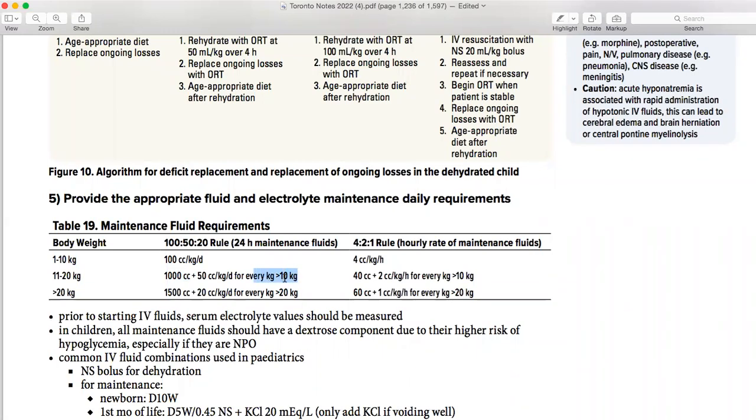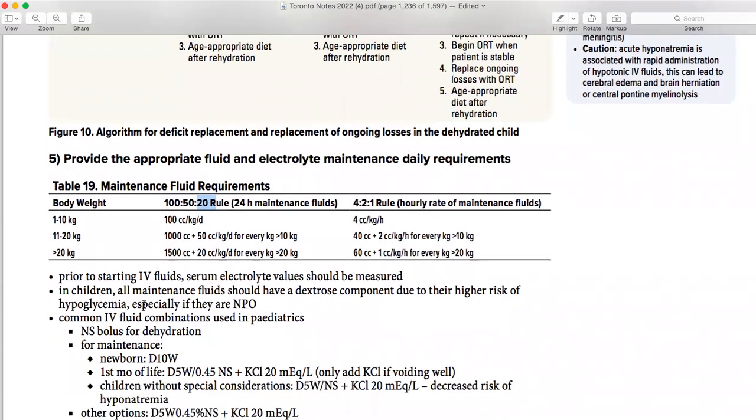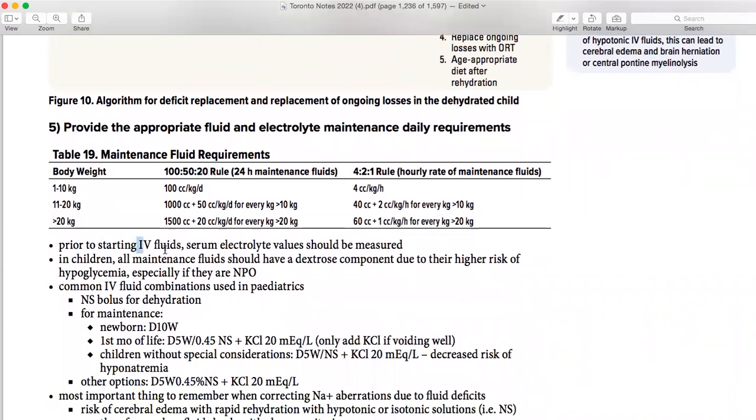So this 1000 is going to be added to 50 multiplied by the next 10, which equals 500. So 1000 plus 500 becomes 1500, along with this new 20. You have to remember the previous ones will be added into the new ones. Either you can remember this one, it's easy, or this one, easy. Both are fine.